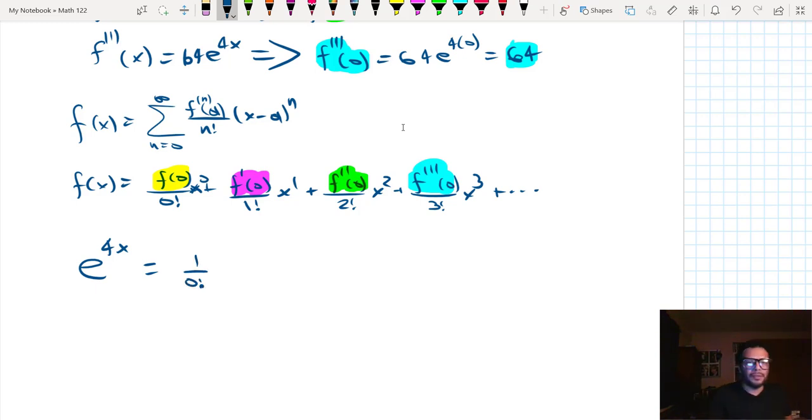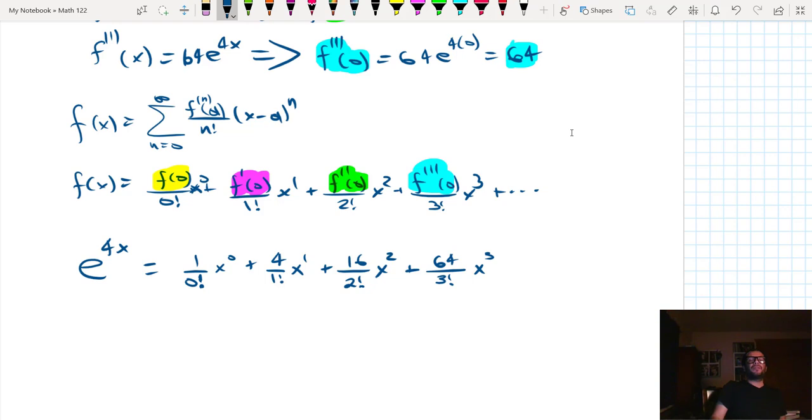I know you want to simplify these factorials, but I wouldn't do it if I were you. x to the 0 plus 4 over 1 factorial x to the first power plus 16 over 2 factorial times x to the second plus 64 divided by 3 factorial times x to the third power.